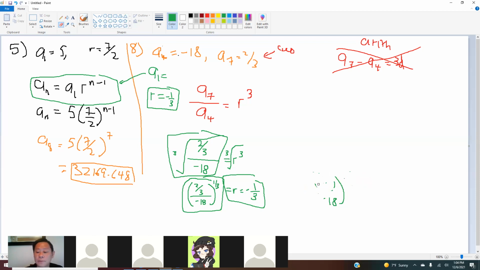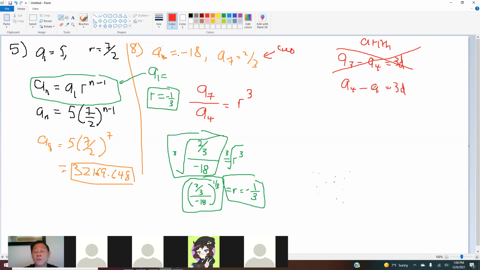We know R now, so next we need to find A1. Does anyone remember how you find A1 if you have a common difference? Remember how you found A1 last time? You take A4 minus A1 equals 3D, right? This is what you did in arithmetic.